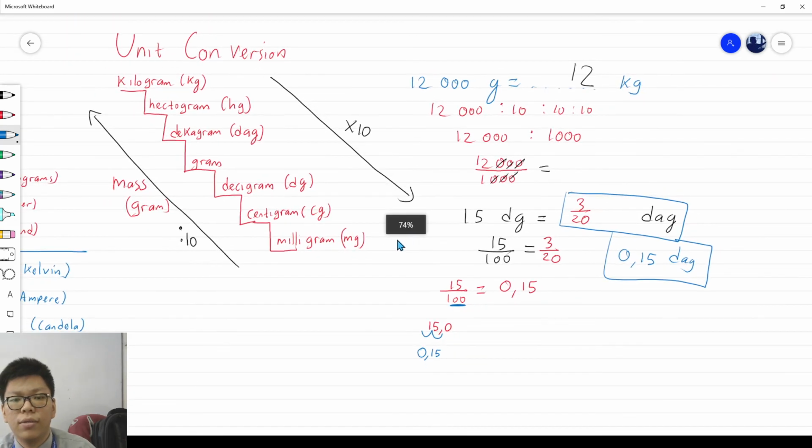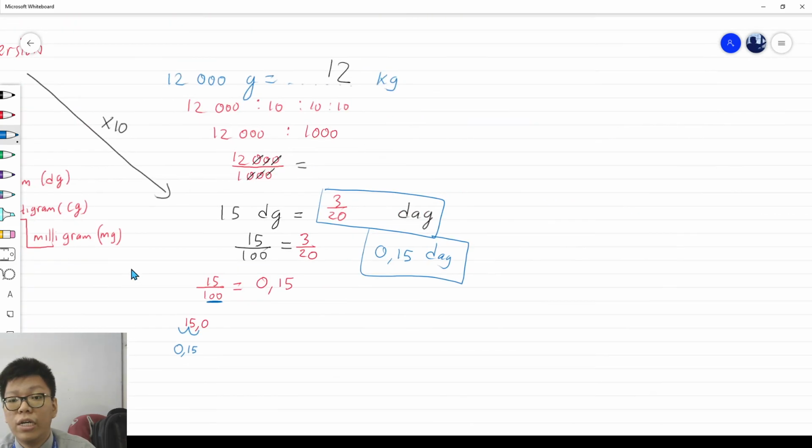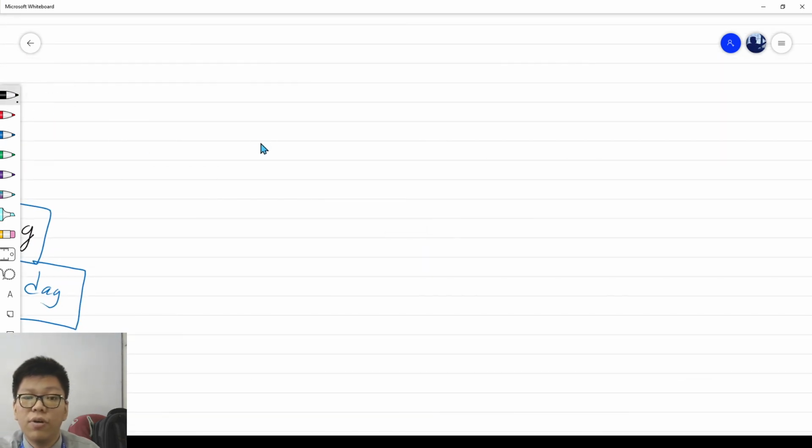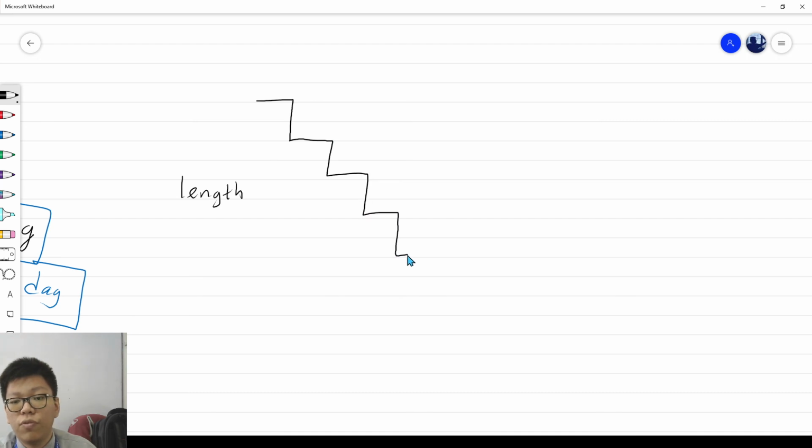No. Okay, I will draw another one, another stair. But now I will draw it for length. Okay, it will be the same. 1, 2, 3, 4, 5, 6, 7. Oh sorry, for the length it is meter.